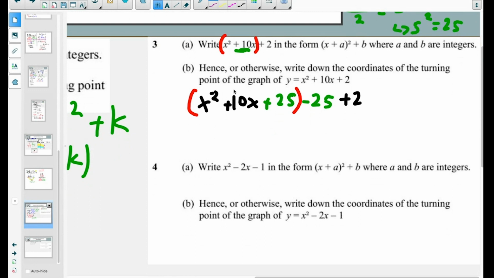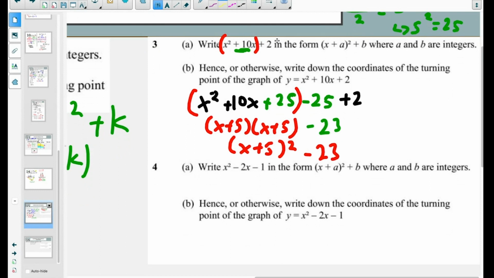So the goal here is to come up with a perfect square trinomial that I can factorize now as x plus 5 times x plus 5. So we're choosing the number very, very strategically so that we're able to factorize it and have it look like this, okay? So then I'll have minus 23 on the outside, and I'll have x plus 5 squared minus 23. So from here, we end up, again, with the coordinates of our turning point. It's going to be a negative 5 in this case, and a negative 23.